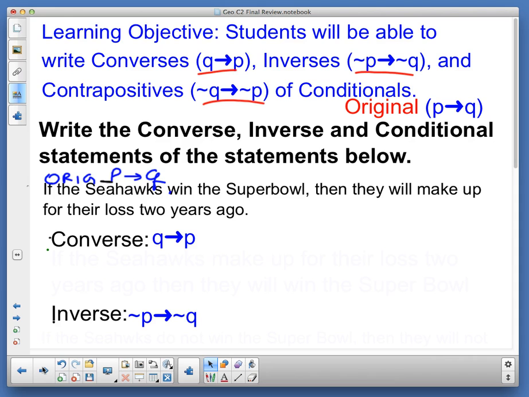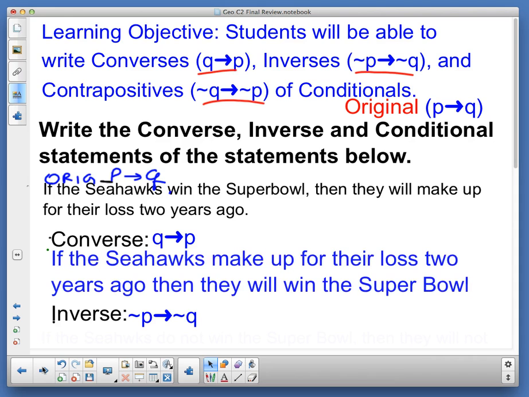Notice how I use the term they for Seahawks, and I swapped them. I left Seahawks in the front so people knew what we were talking about, the subject, but then I changed the other stuff for readability. So check that out. Write that down. Okay, you guys are on this one. You're writing it down, so get it done.